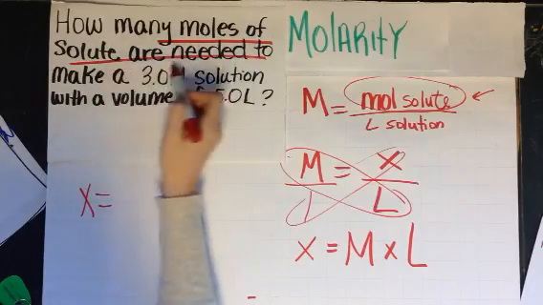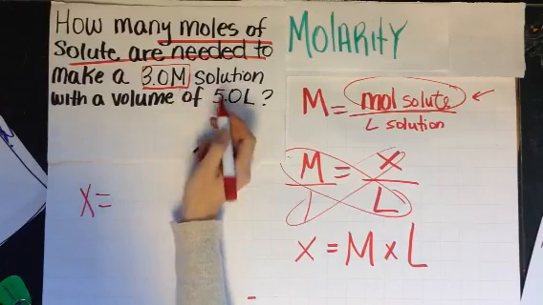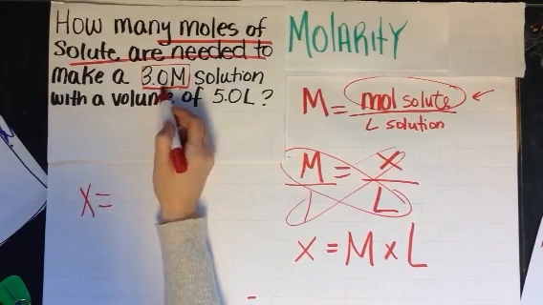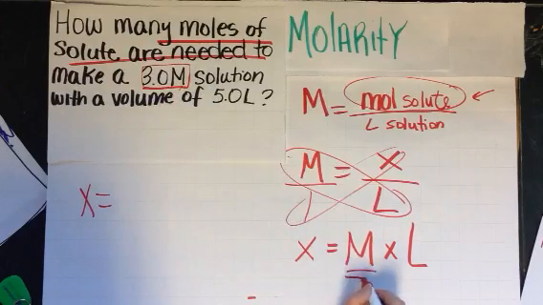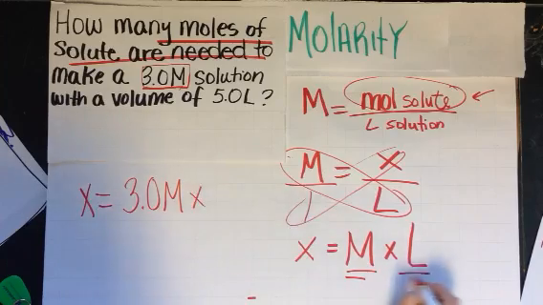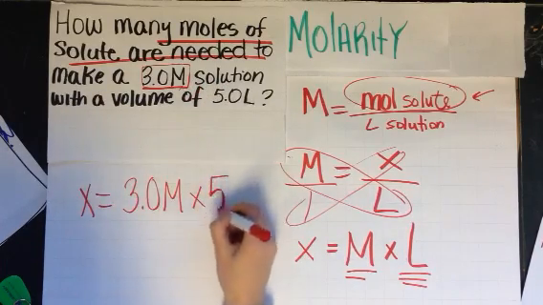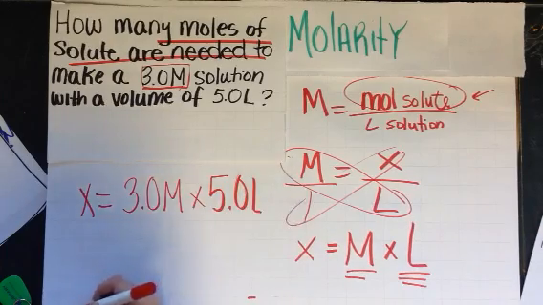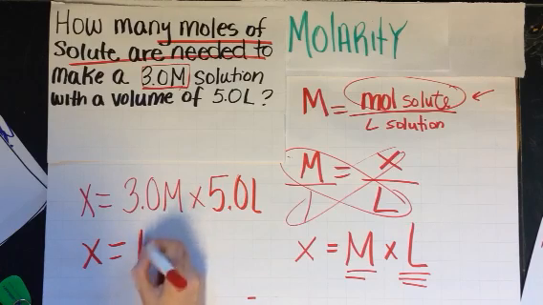How many moles of a solute are needed to make a 3.0 molarity solution? We also call this a 3.0 molar solution. That goes, capital M goes in capital M. Put this here. Times, and I'm looking for a liter in a solution with a volume of 5.0 liters. That goes there.